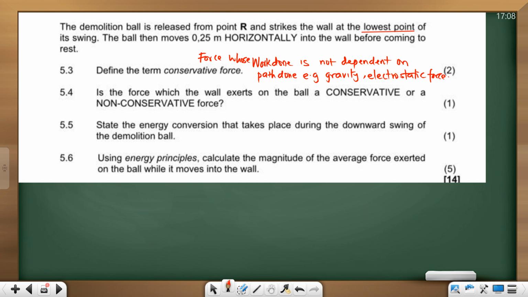Is the force which the wall exerts on the ball a conservative or a non-conservative force? What would be your answer?